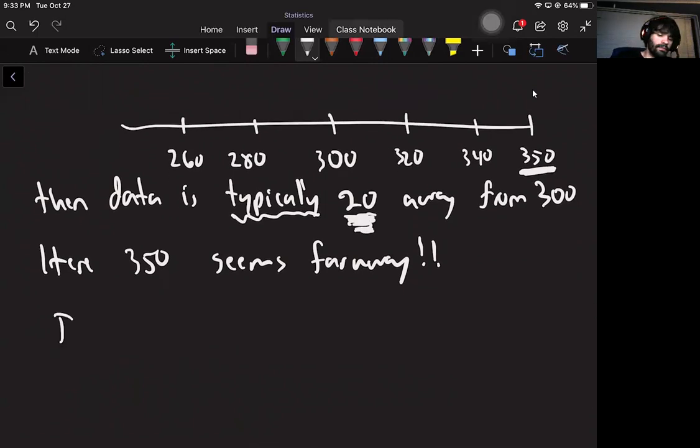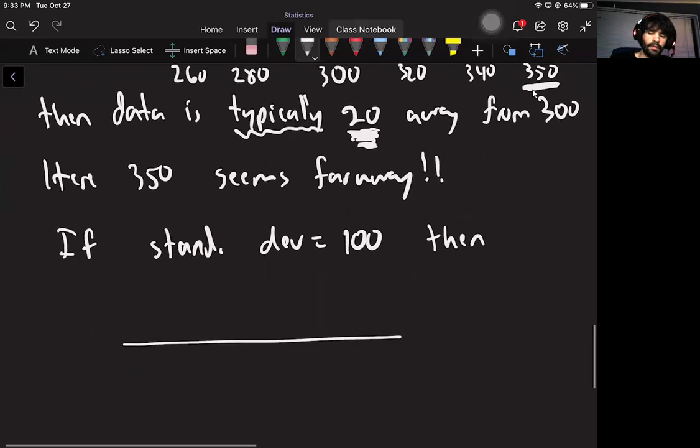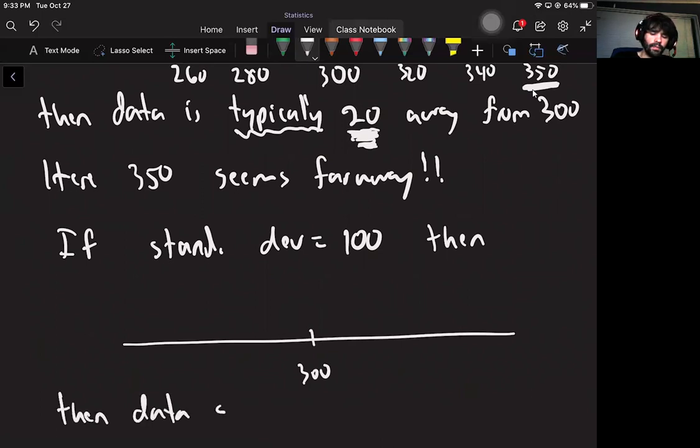Meanwhile, if the standard deviation happened to be 100 instead, then the idea is that the data in that set is typically 100 away.